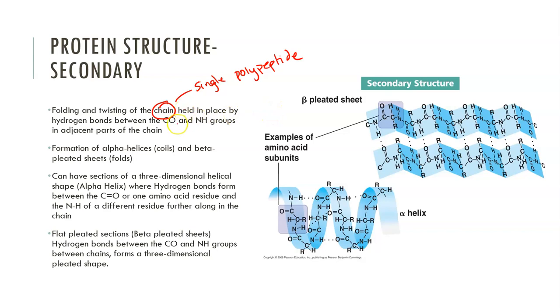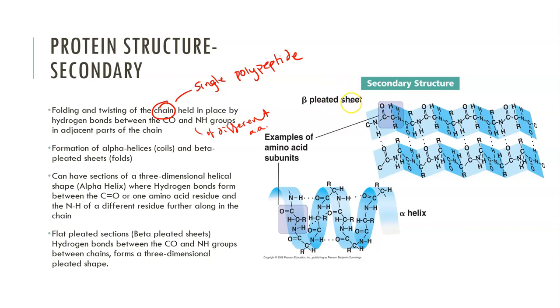This occurs and is stabilized due to the hydrogen bonds that form between the carboxyl and the NH groups of different amino acid monomers within the chain. Okay, so different amino acids within the chain, this is where we're seeing the hydrogen bonds form.